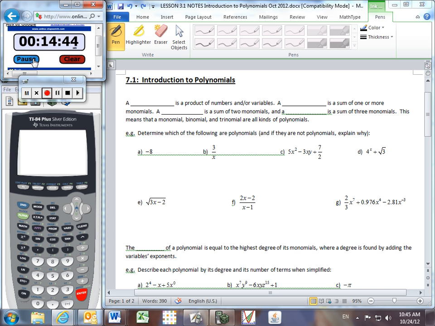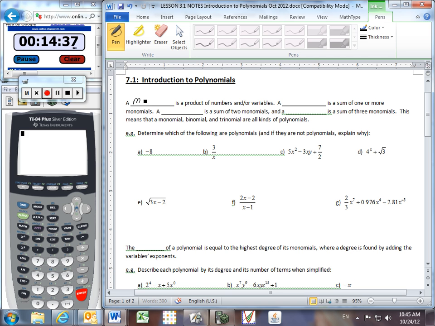Okay, so it says a blank is a product of numbers and or variables. This is known as a monomial. And we'll look at some examples of that briefly. If you have a sum of one or more monomials, this is called a polynomial.